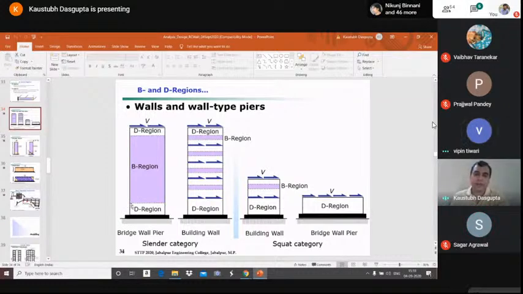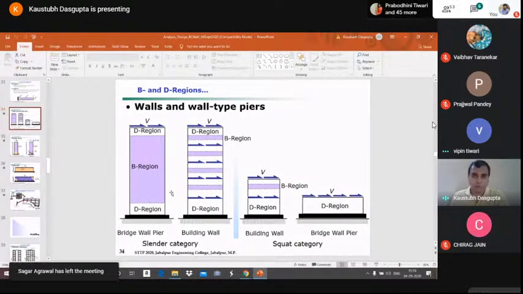So this is roughly the distribution. But then what happens is when you look at the slab-wall junction, when you have the wall connected to floors at different levels, that type of approximation does not hold good.